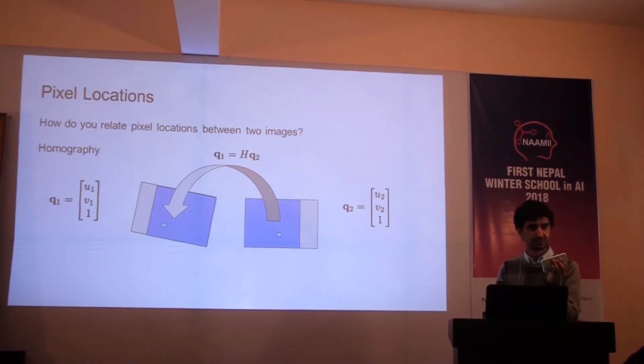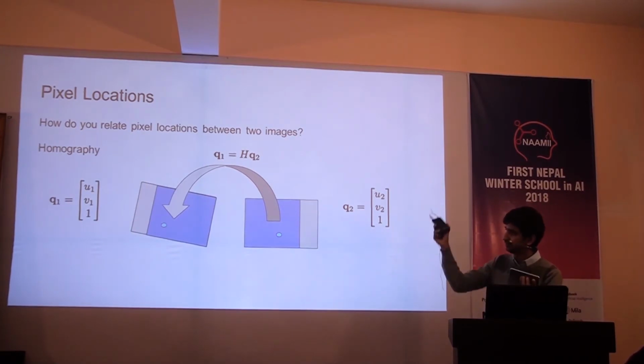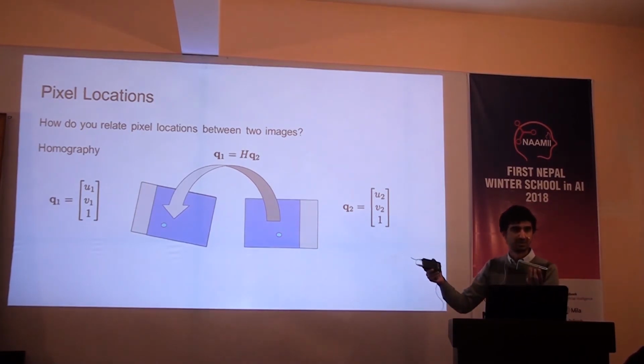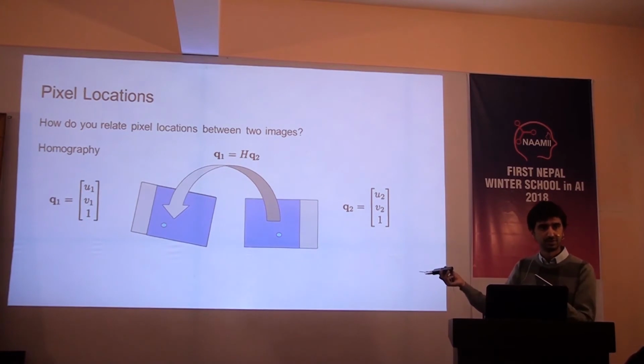In fact, for a calibrated camera, where you have U, V, 1, not U prime, V prime, 1, H is simply the rotation. So you can just get the pixel locations of the other corresponding point by transforming using a 3x3 matrix.